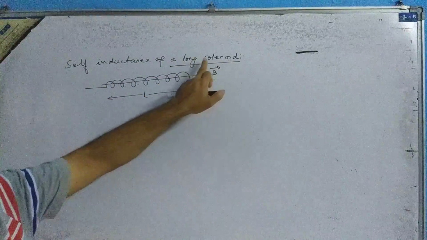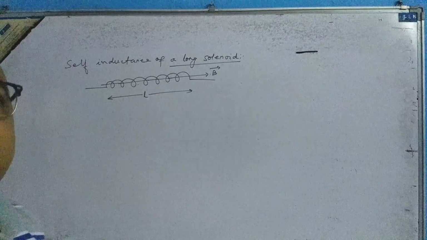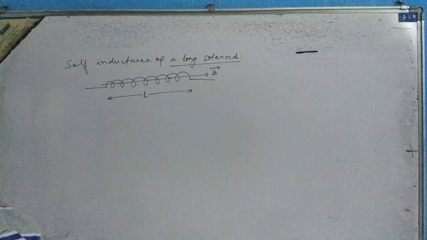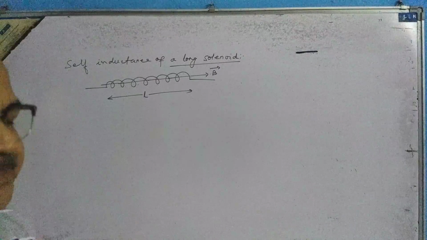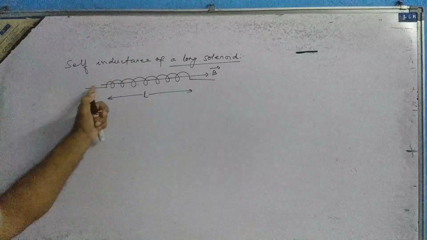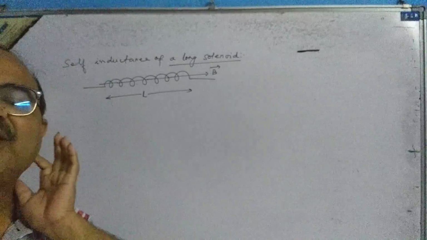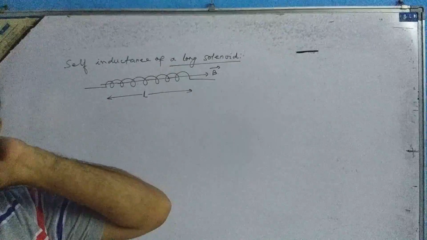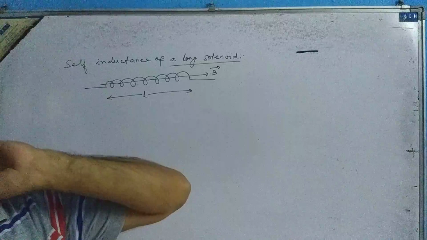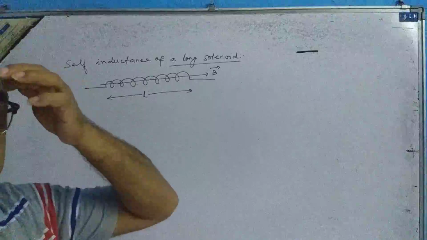Self-inductance of a long solenoid. Okay, a long solenoid is one whose radius is negligibly small as compared to its length. That is a long solenoid.